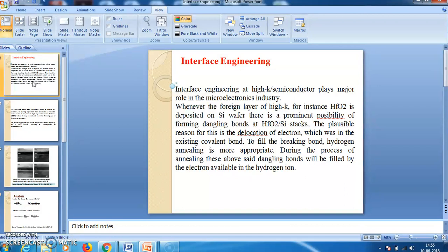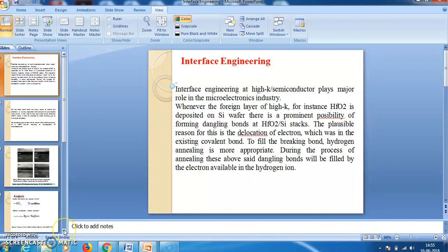Even if the hafnium oxide thickness is reduced to less than 10 nanometers, less than 2 nanometers, less than 1 nanometer, it performs well by showing low leakage currents. So hafnium oxide is useful for miniaturized devices.